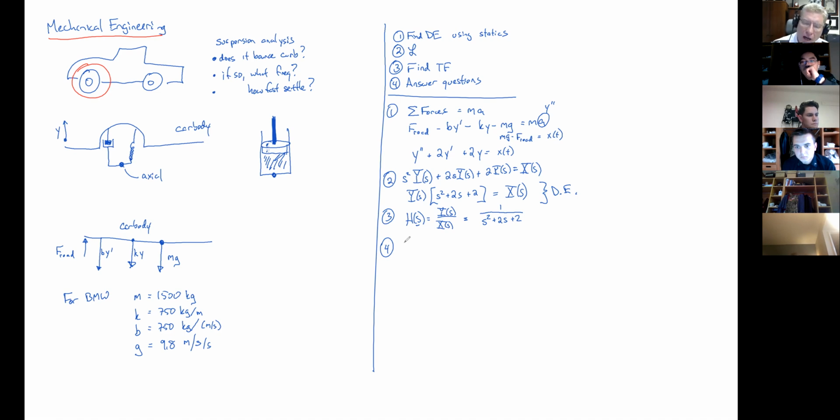If it's a curb, if it's an impulse, if it's a little ramp it's going over, if it's a pencil, whatever it is, your output, here's where we do the magic, is always going to be equal to h of s times your input. So it's always going to look like 1 over s squared plus 2s plus 2 times whatever your x of s stuff is, times x of s.